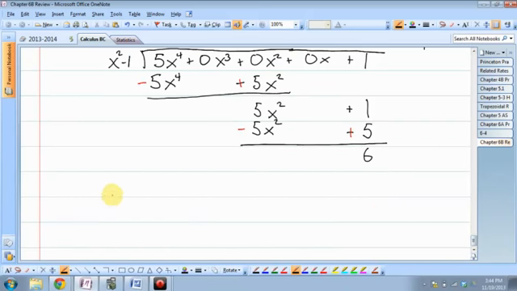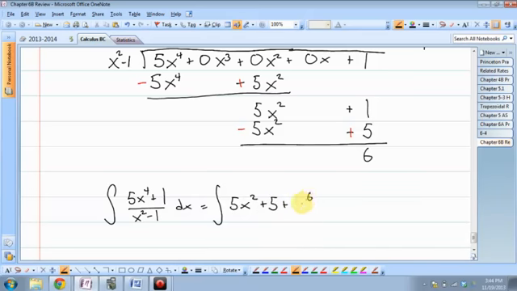So my integral, which was 5x to the 4th plus 1 over x squared minus 1 dx, is equivalent to the integral of 5x squared plus 5 plus 6 over x squared minus 1 dx.